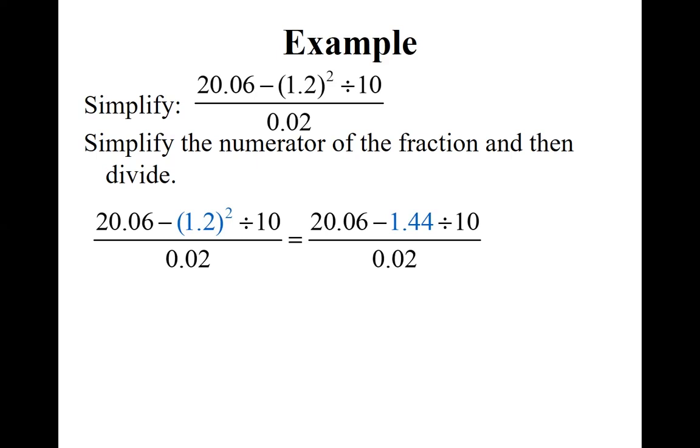We have subtraction, we have division. Division happens first. Dividing by 10 is moving the decimal point 1 to the left. So from 1.44, we get 0.144.